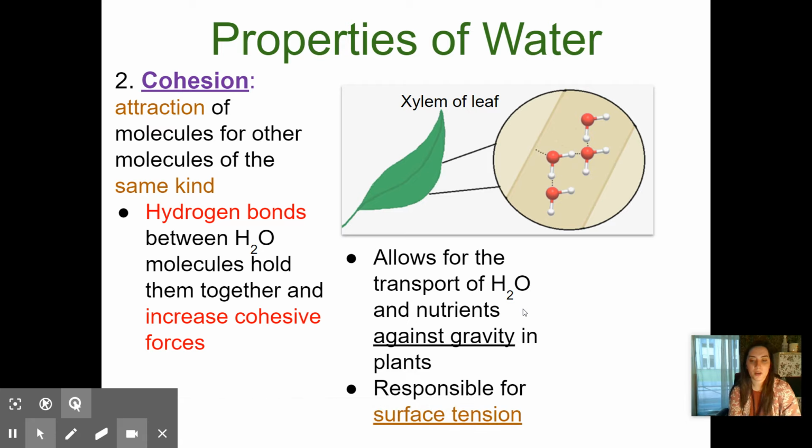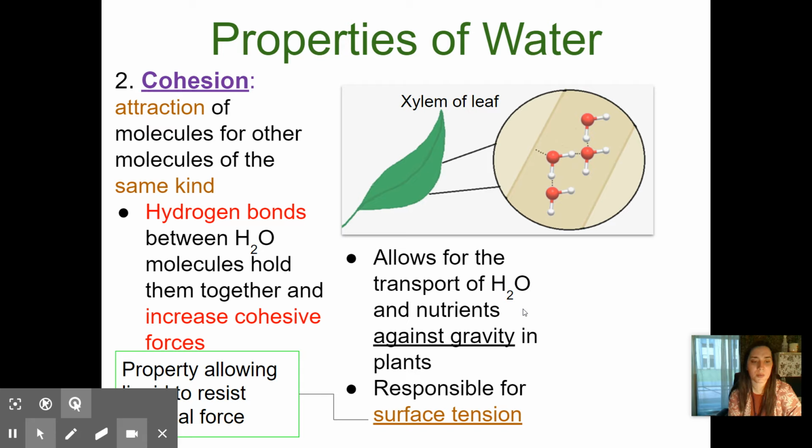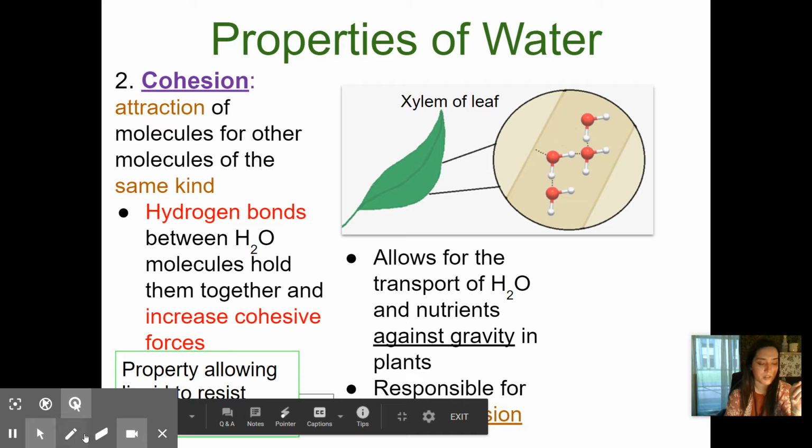And this is also responsible for something called surface tension. And this is a property that allows water to resist external forces. And if you've ever seen, in a pond or a lake or something, those little water bugs that skim across the surface of the water, the reason that they can do that is because of water. If you think about, I don't know if I can draw this.